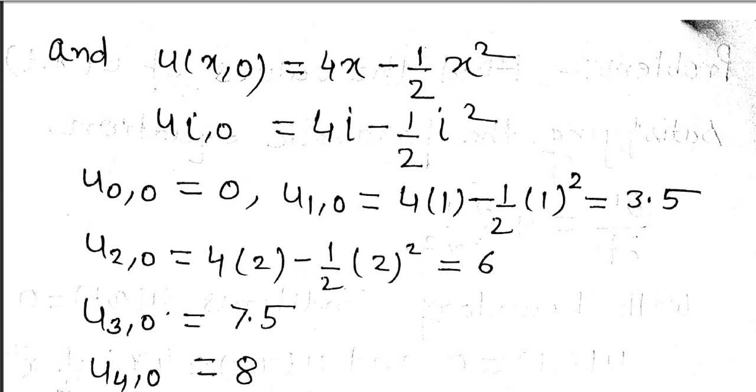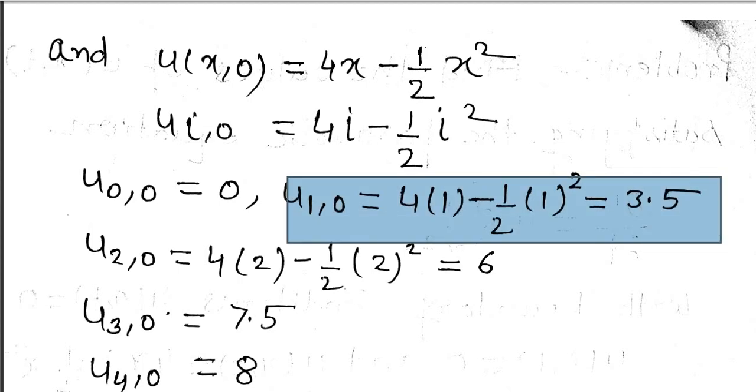If we put i is equal to 1, then we get u10. Then this u10 is 4 into 1 minus 1 by 2 1 square, which is equal to 3.5.